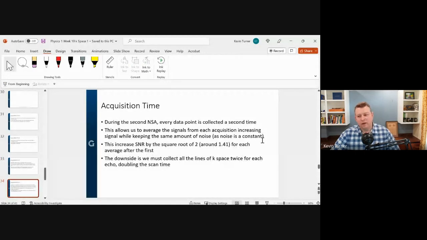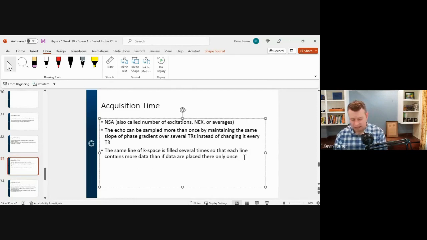So let's say you have a TR of 3,000 milliseconds. 3,000 milliseconds, if we convert it to seconds, is simply 3 seconds. And then we have a phase matrix of 256.